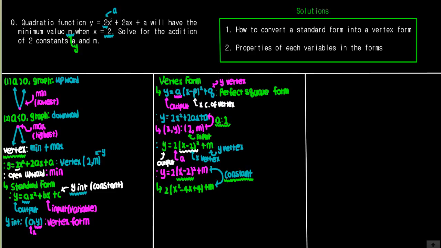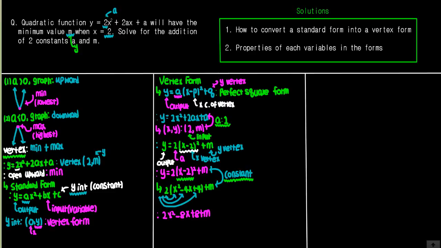So at first, for the x squared minus 4x plus 4, we can use the distributive property and distribute 2 in order to remove this parenthesis. If you do that, we're going to get 2x squared minus 8x plus 8 plus m.